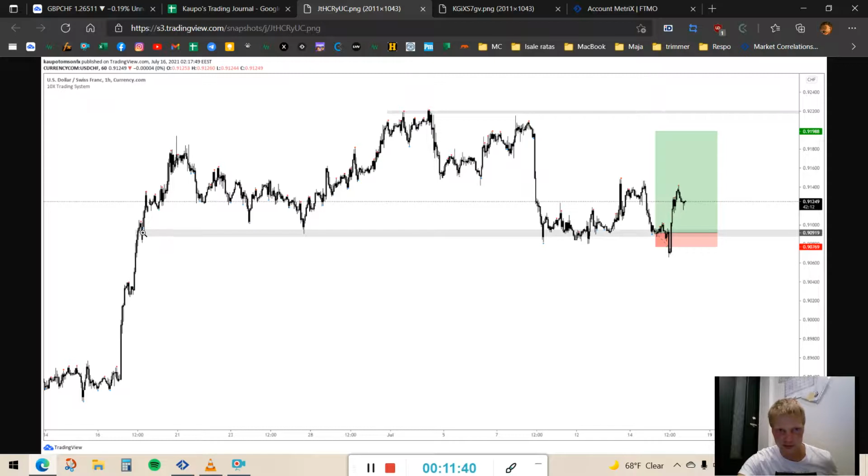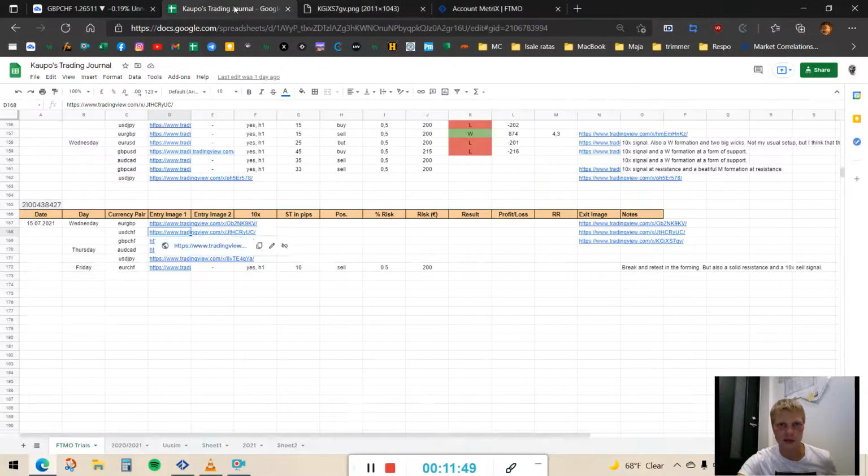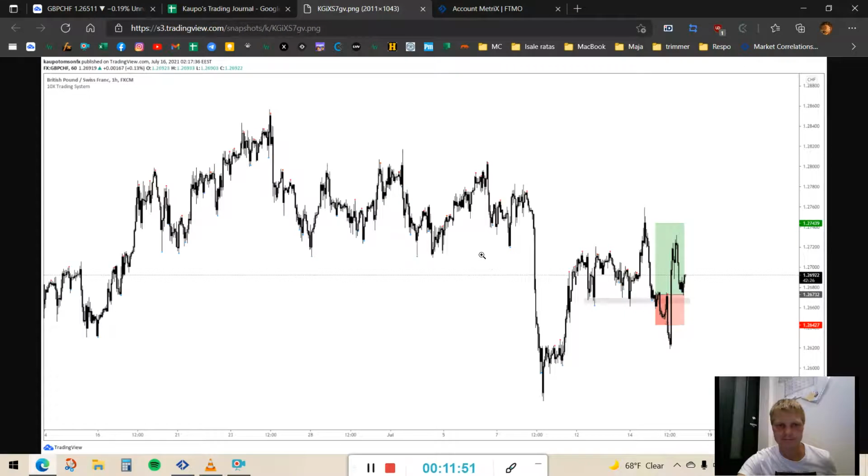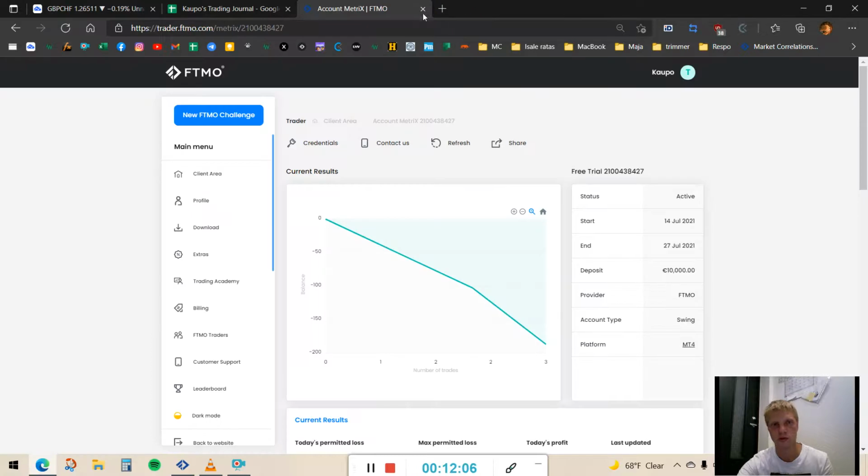So in the future, don't take the middle zone trades. That's what to learn from this trade.